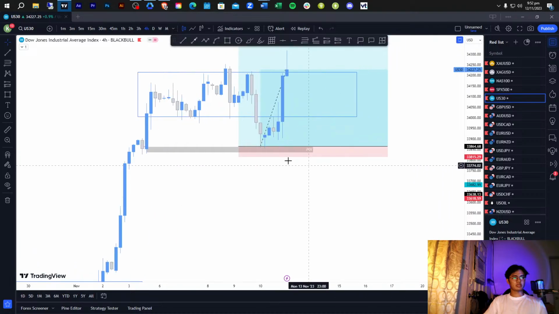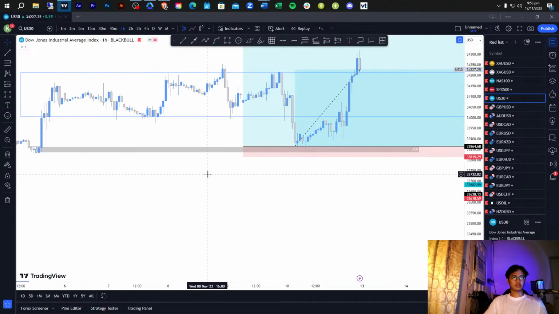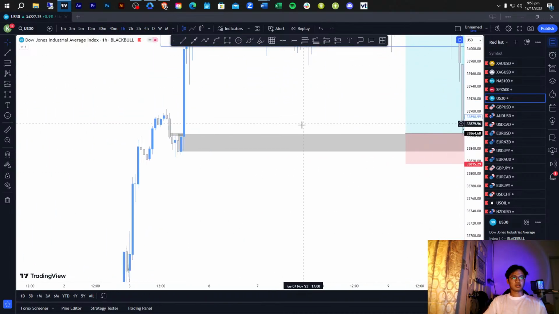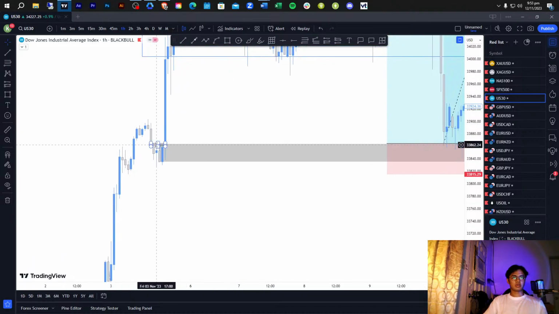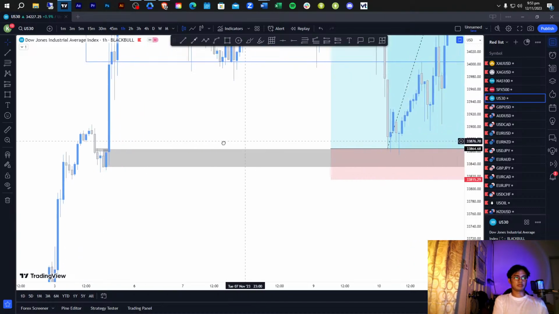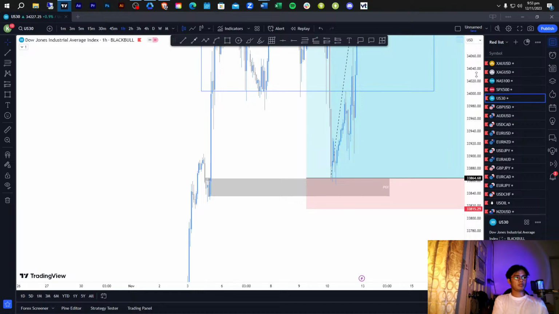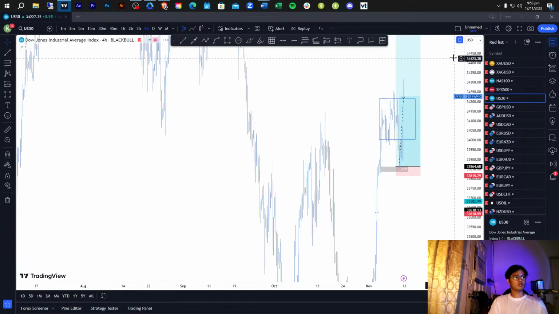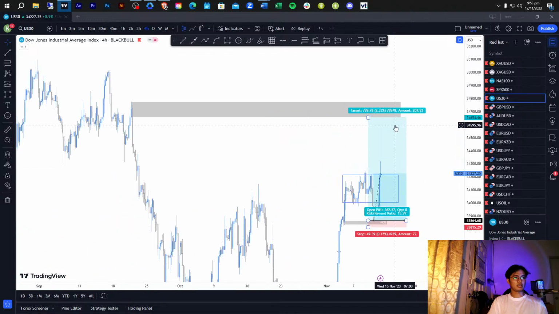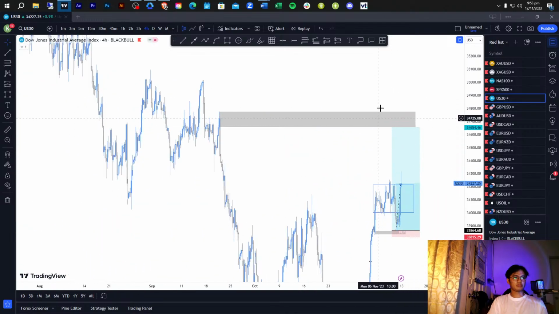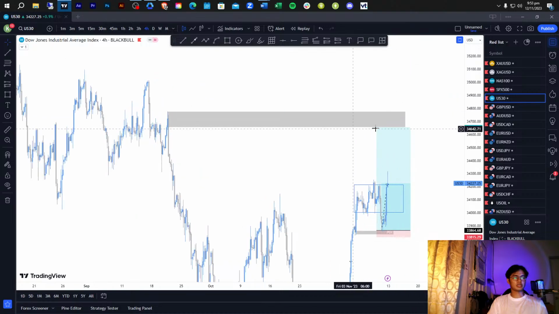And I also sent this trade because this area is a 1 hour order block, and we have an RBS right here, a good imbalance right here, and the target for this is actually this area where the price may do its distribution phase.